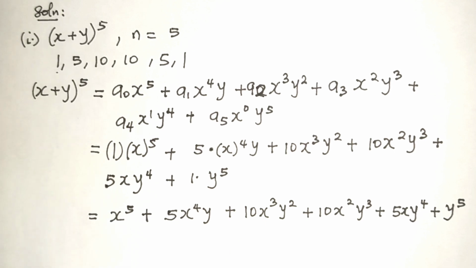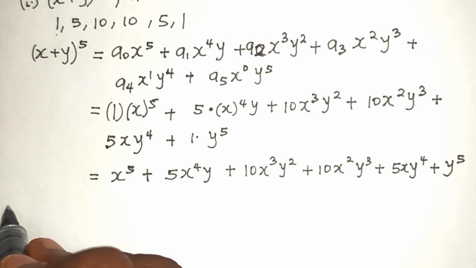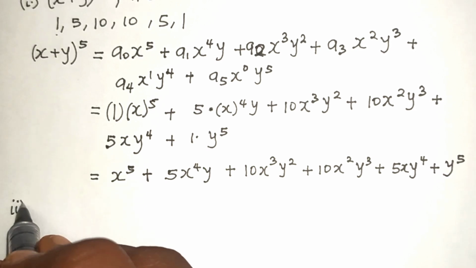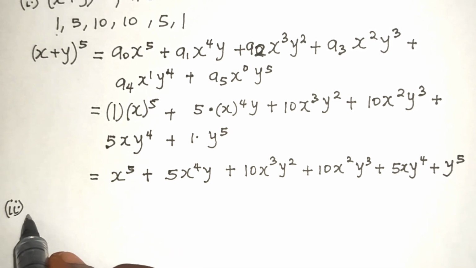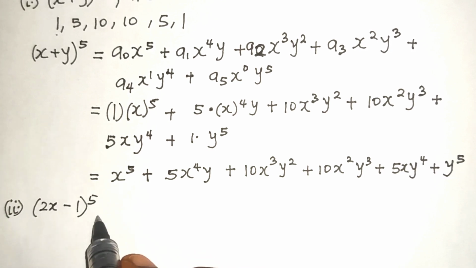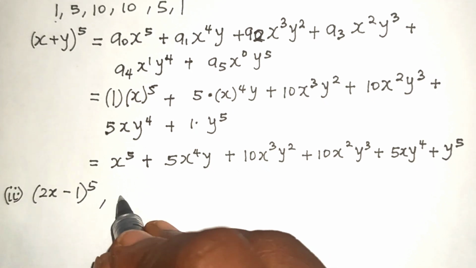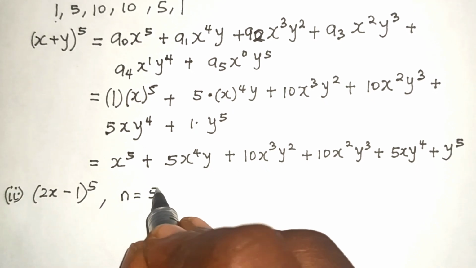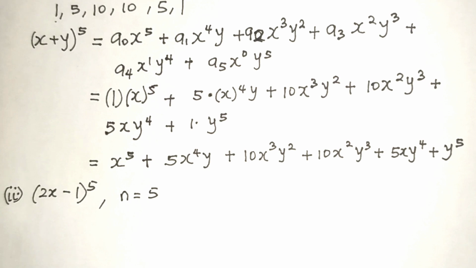And the second problem is to expand (2x - 1) raised to the power 5. In this case, n is also equal to 5. And we will still use the same coefficients, 1, 5, 10, 10, 5, 1.